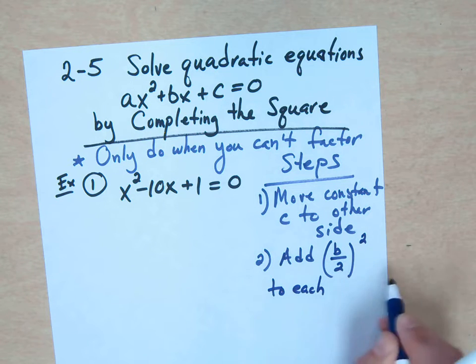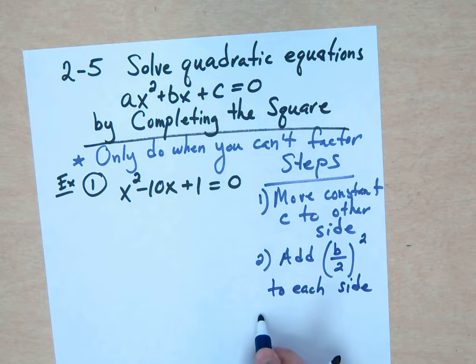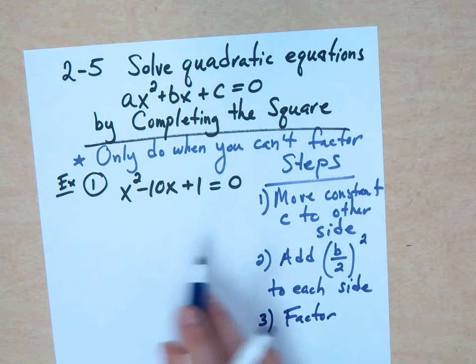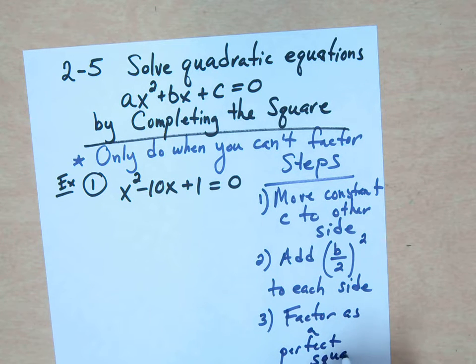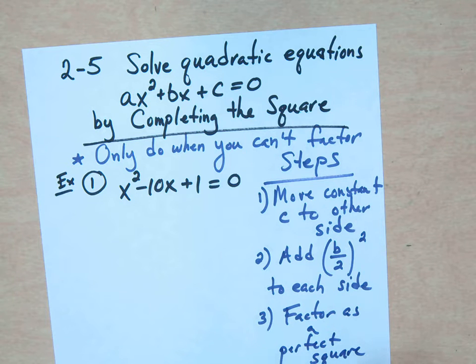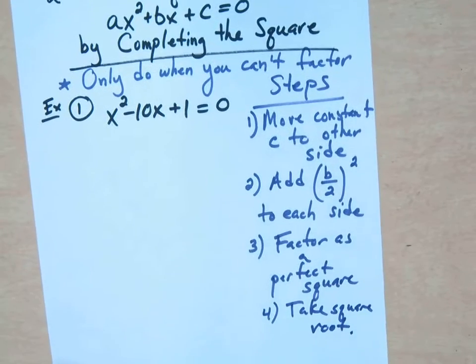It's an equation that needs to stay balanced, so we have to add it to both sides. And finally, you factor. It'll be a perfect square trinomial, and you factor it as a perfect square. And then you take the square root.